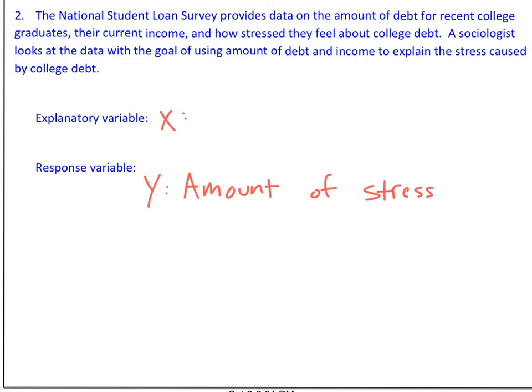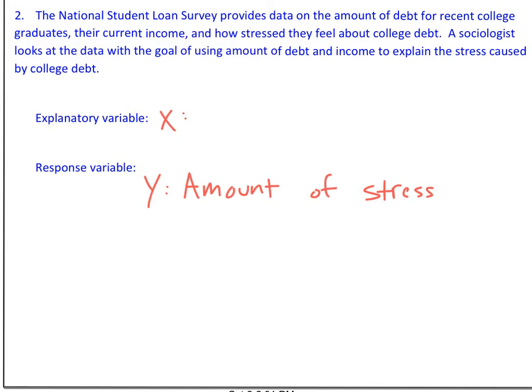But this explanatory side of things is really interesting. It mentions debt, it mentions income. Both could influence students' perspectives on debt and the amount of stress that they have.